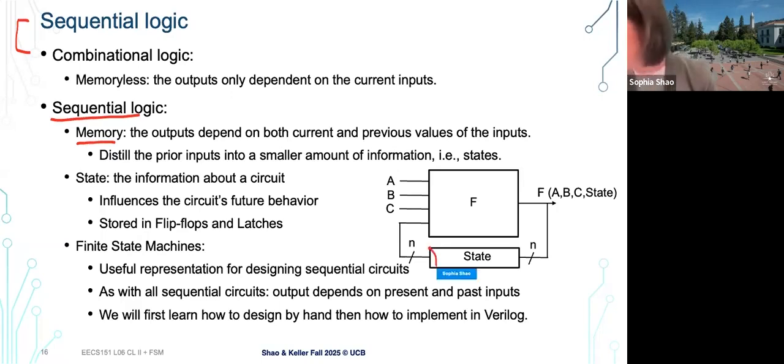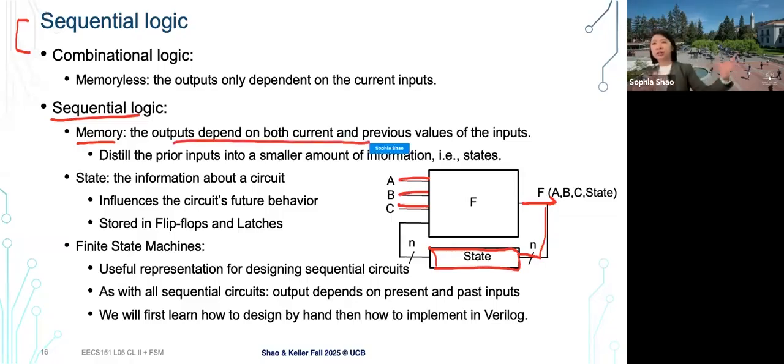So the output of sequential logic is a combination of both the input and also the state element, right? That's basically the gist of sequential logic. The output depends both on the current input and also on some form of previous value that has been accumulated as a state element memorized in our hardware.